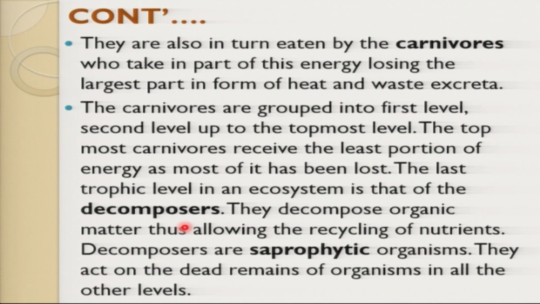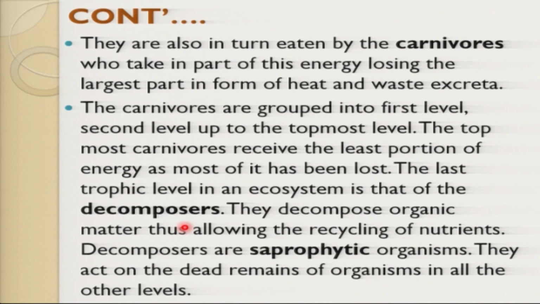So the last trophic level in an ecosystem is that of decomposers. They decompose organic matter, thus allowing the recycling of nutrients. You remember the saying that no man is an island, because once the plant is eaten by the herbivores, the herbivores are going to be eaten by the carnivores.